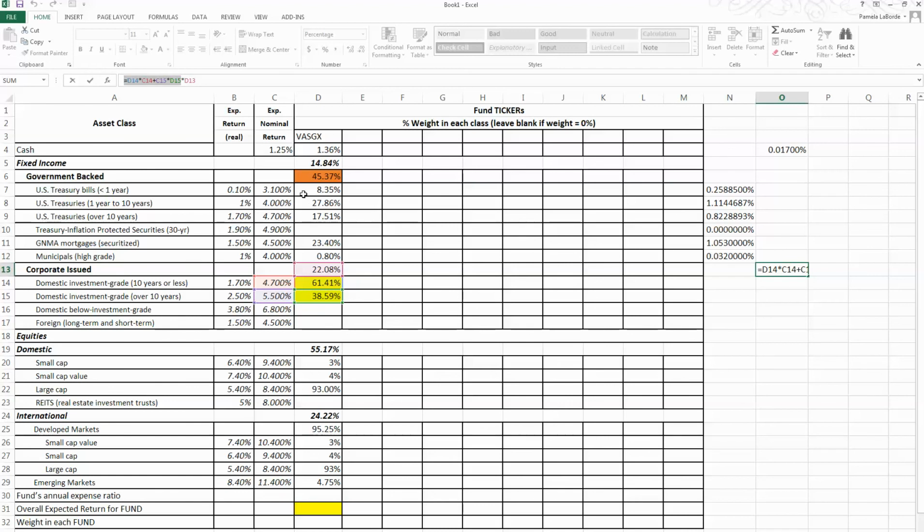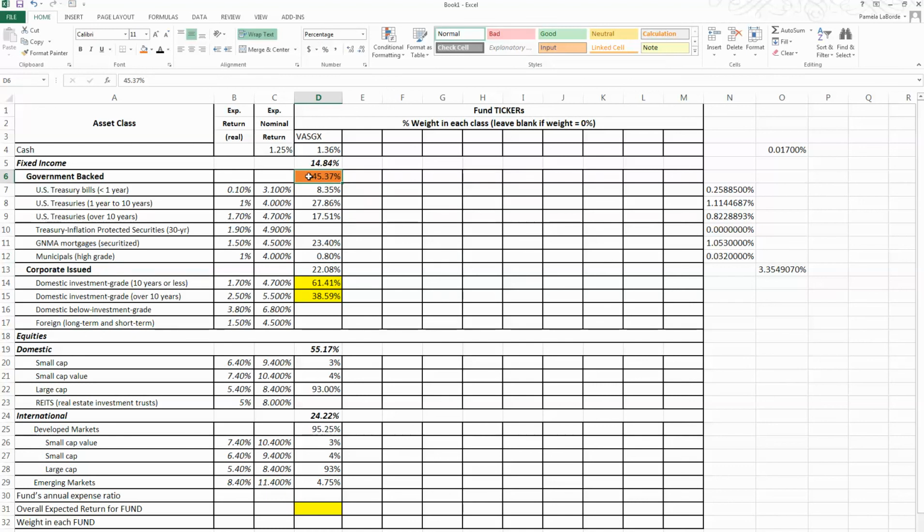Because of the way the portfolio solutions categories are designed, I don't actually have a number that represents this entire section. So I really need to redo that. Basically, I have two main categories for fixed income, government backed and corporate issued. If corporate issued is 22%, then government backed has to be the remaining percentage.